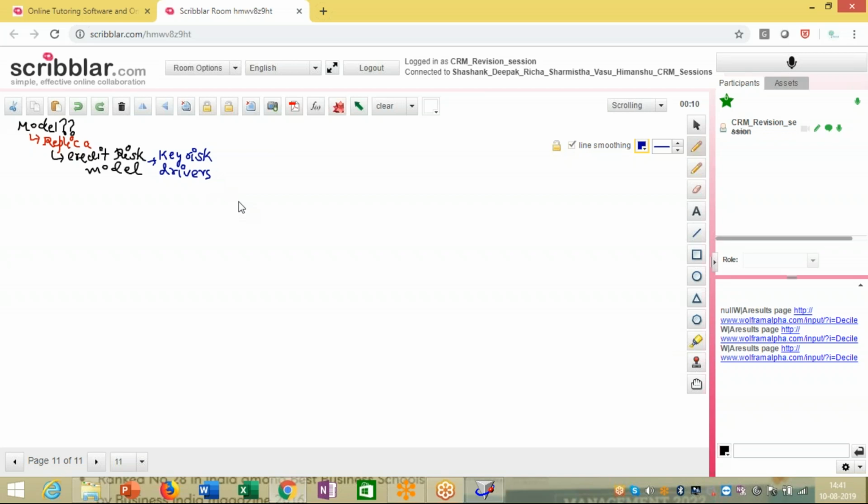So the question that comes out over here is, how do I identify the key risk drivers? When I am trying to assess the key risk drivers, a very important question of causality comes in. Which are the factors which cause a borrower to default?